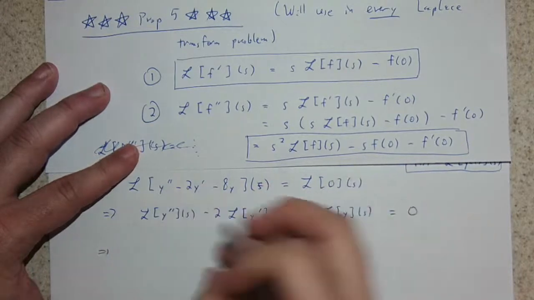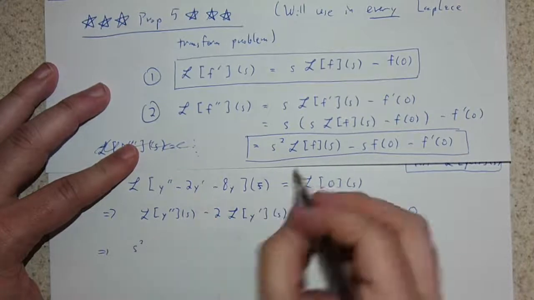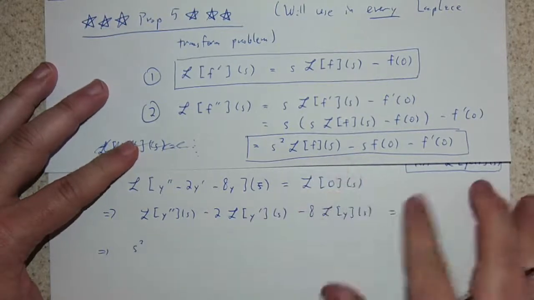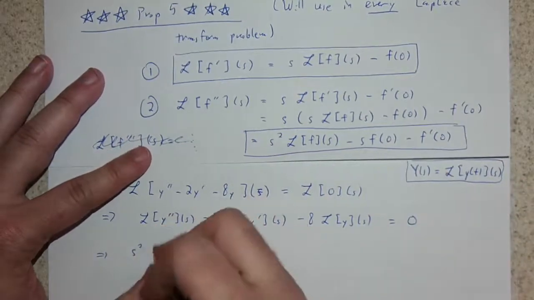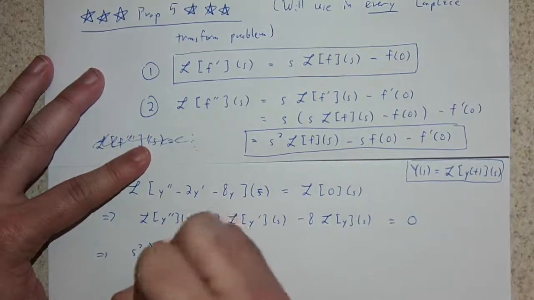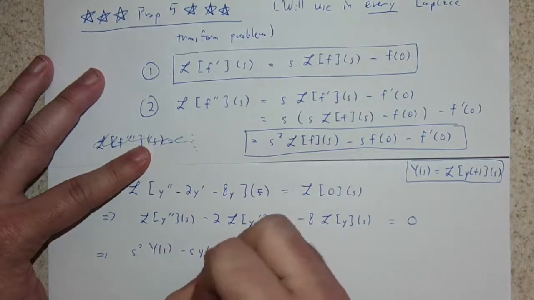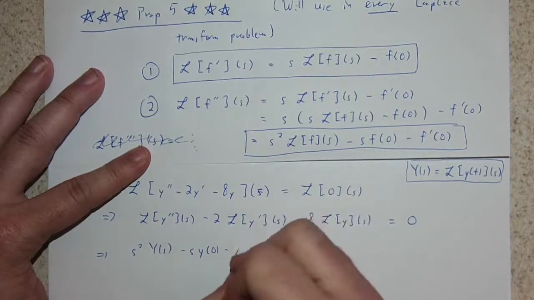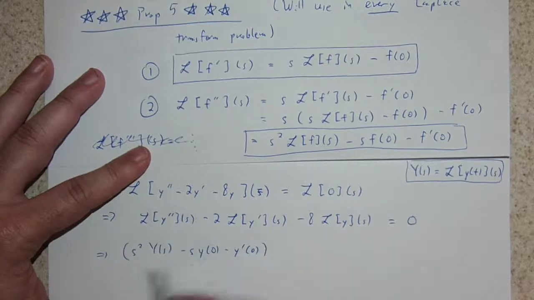The Laplace transform of y double prime is s squared times the Laplace transform of y of s, but the notation I'm using for that is big Y. So this is s squared times big Y of s minus s times y of 0 minus y prime of 0. So that whole expression comes just from this, right?